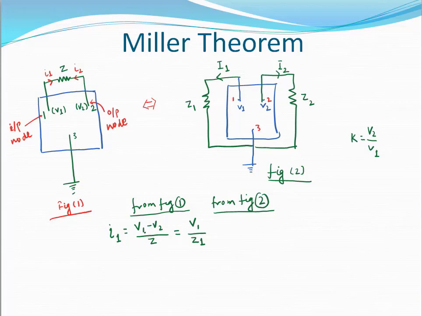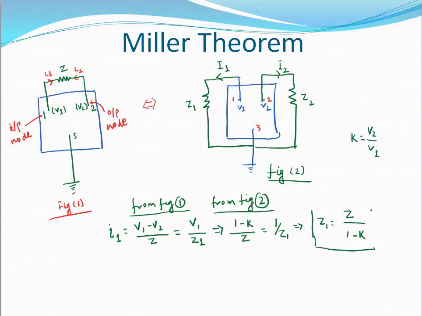We'll divide both sides by V1, so we will get the ratio of V2 by V1 here. So this is 1 minus K by Z is equal to 1 by Z1. So Z1 will come out as Z by 1 minus K.